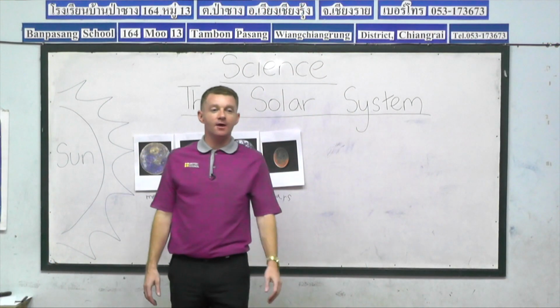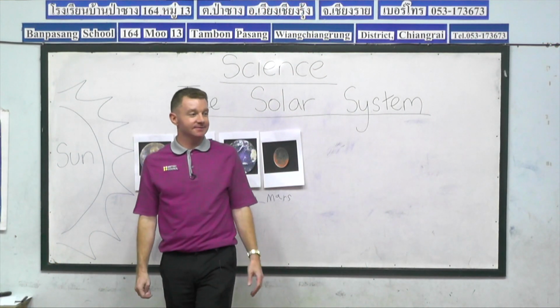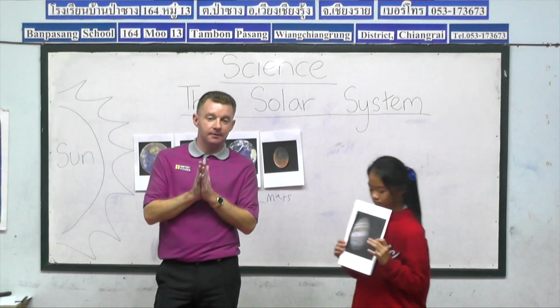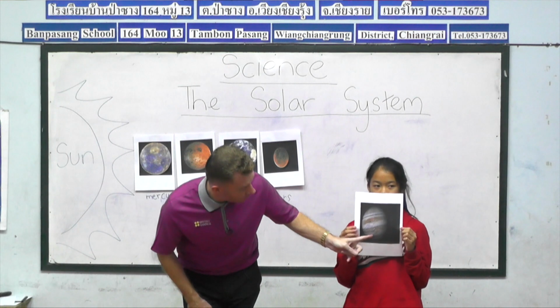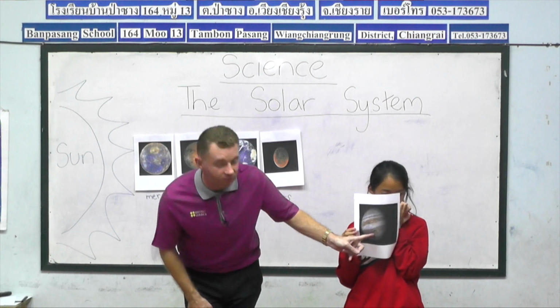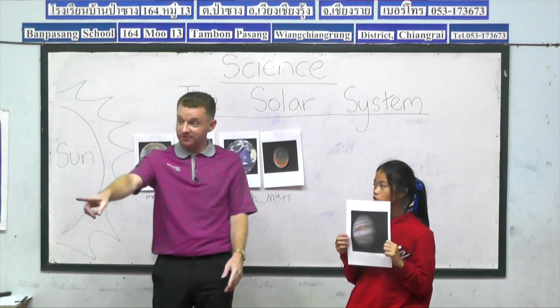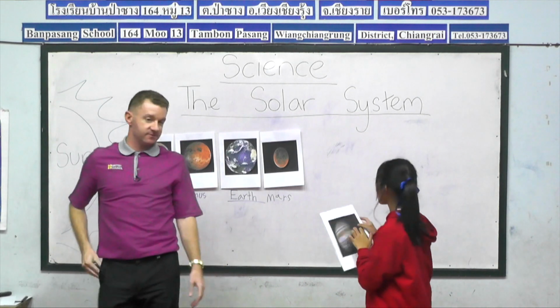So bring your flashcard to the front of class. Now, who can remember what's the name of this planet? Remember I said earlier, we can sometimes tell this planet, it looks like it has an eye on its surface. Jupiter is correct.